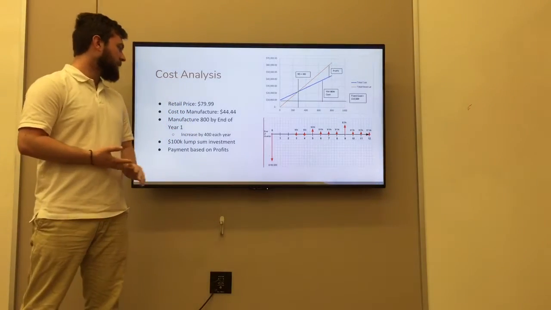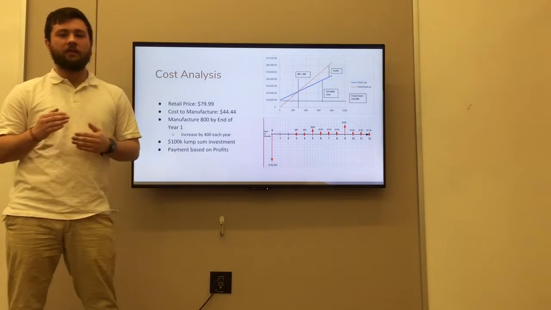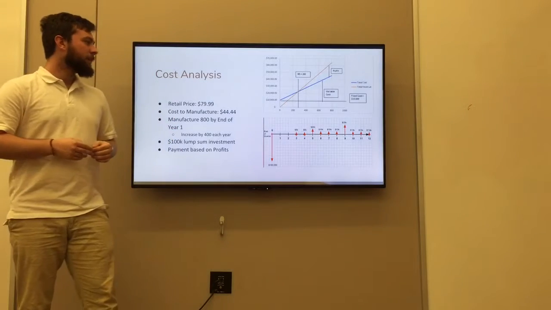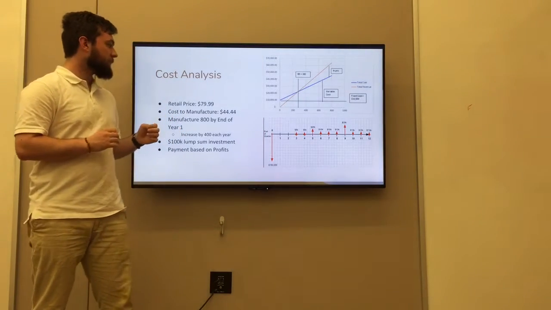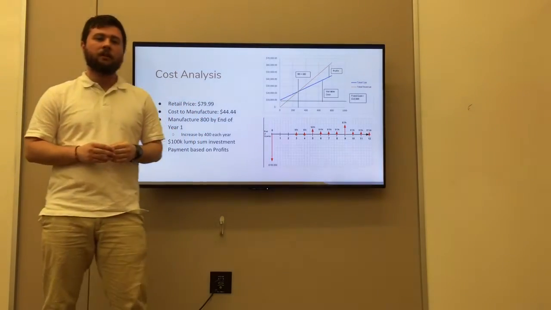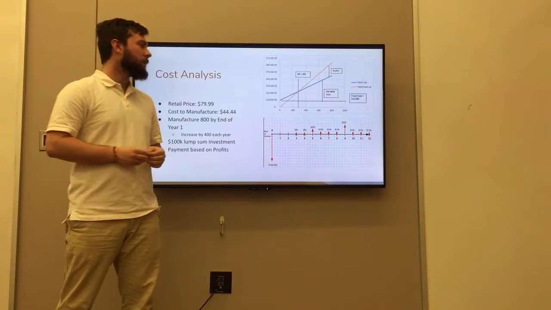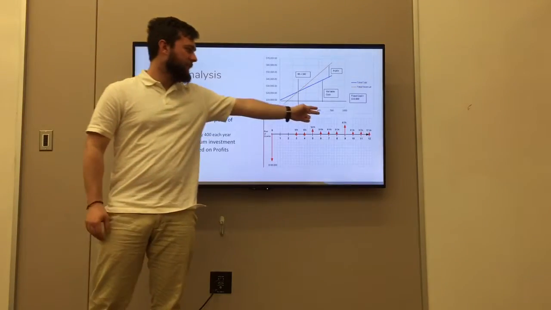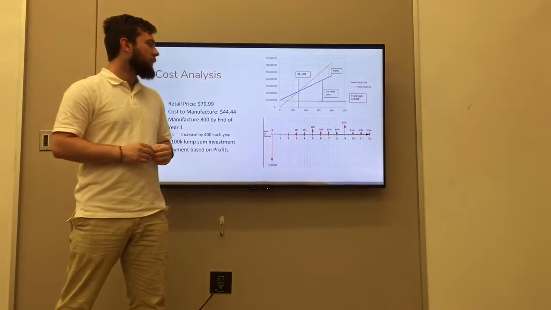We did a quick markup to figure out the retail price, which we set at $79.99, and we then took those two numbers and calculated a projection of how much profit we would have at the end of year one. This is strictly for year one. By the end of it, we expect to build 800 units.